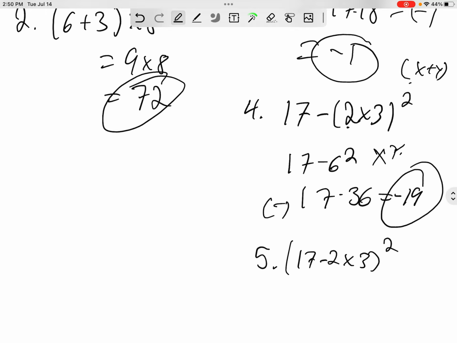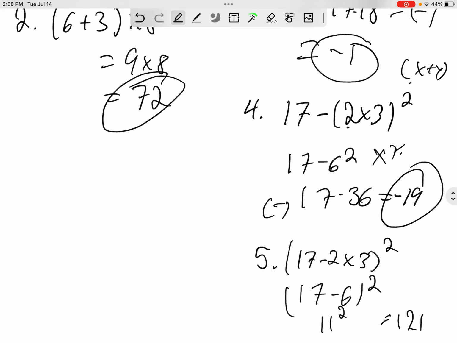So, we'll be first doing the parentheses, multiplication before subtraction inside the parentheses, then exponent. So, we'll do 17 minus 6. And then remember, you have to always add the parentheses and the square of it. So 17 minus 6 will get us 11 to the power of 2, which gets you 121.